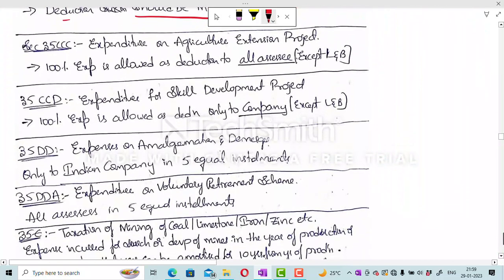Now these are small topics. Section 35CCC, expenditure on agricultural extension project. This is available to all assessees who spend on agricultural extension, and 100% of the expense is allowed as deduction, but the deduction is not available for land and building.